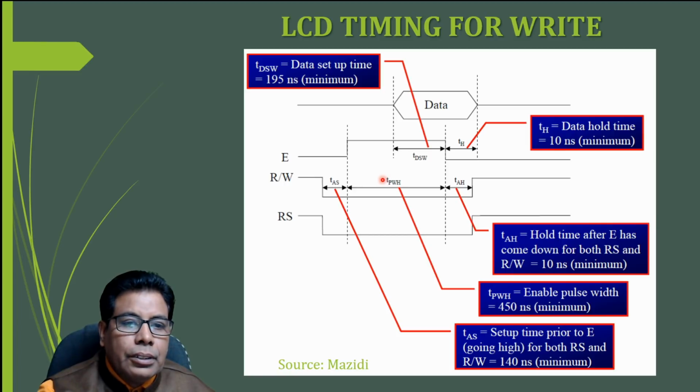So again the E signal will enable the data, and then this TAS, that is the 140 nanosecond minimum setup time prior to E going high, and this time is the enable pulse width TPWH, that is 450 nanoseconds, and again this is 10 nanoseconds as we have seen earlier. So the writing has to be performed during this period when E is high.